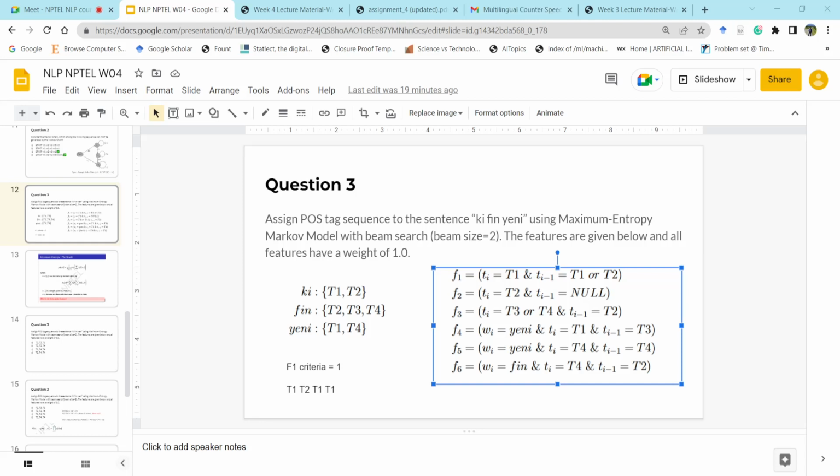So p lambda given t2 comma ki is e by 1 plus e, and p lambda given t1 comma ki is 1 by 1 plus e. We have solved the first one. Did you get my point? This part seems clear, right?